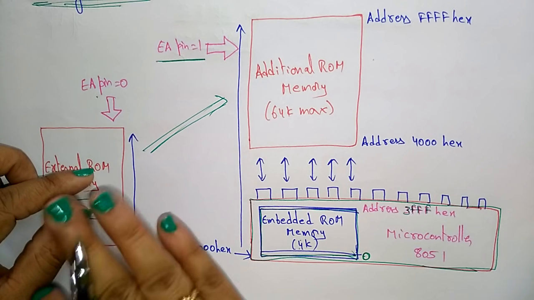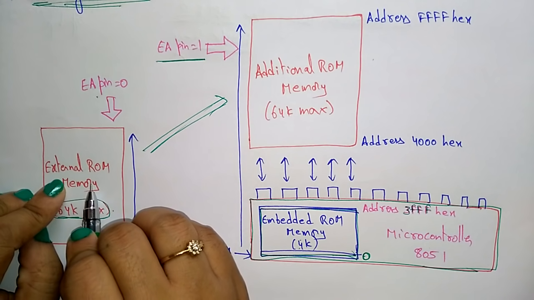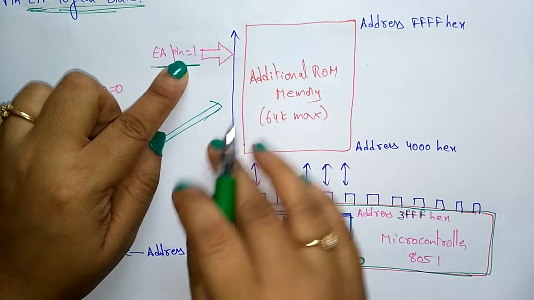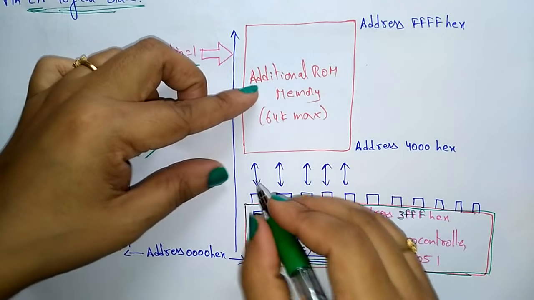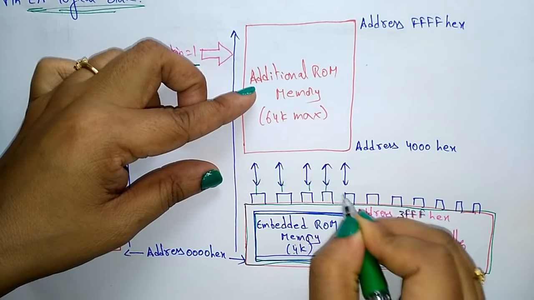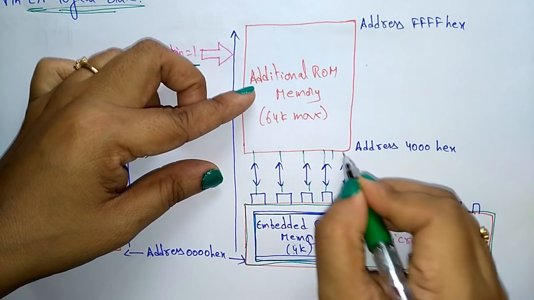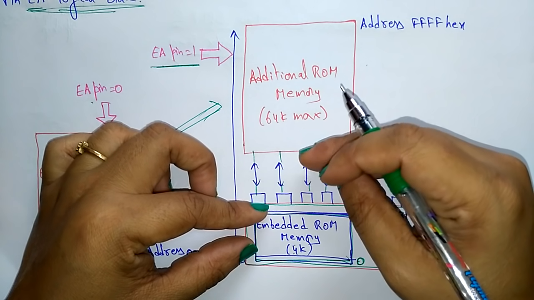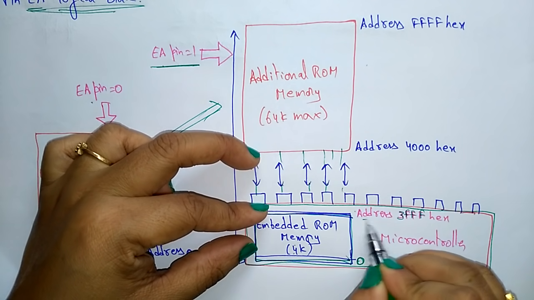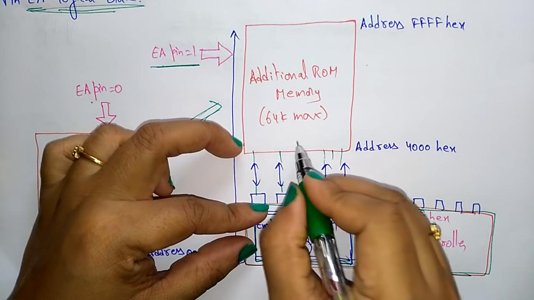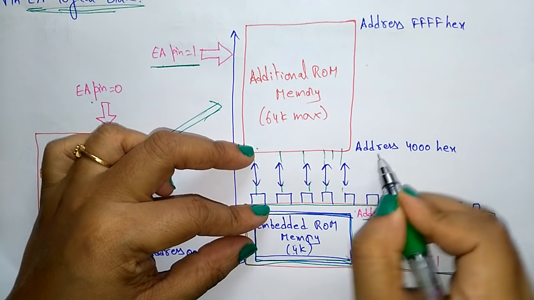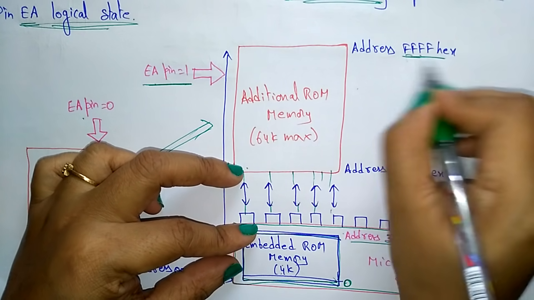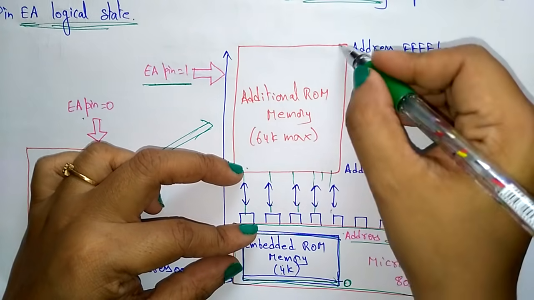Suppose I want to add external ROM memory, then you make the external access pin enable, then this ROM will be embedded here to these pins. So whenever it is embedded, the address location will start after this location. So this is 3FF. So now the starting address of this additional ROM is 4000. From 4000 to FFFF hexa value, means complete 64 kilobytes.